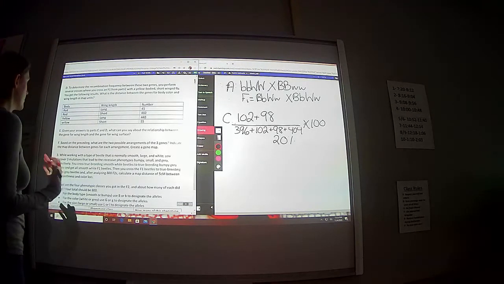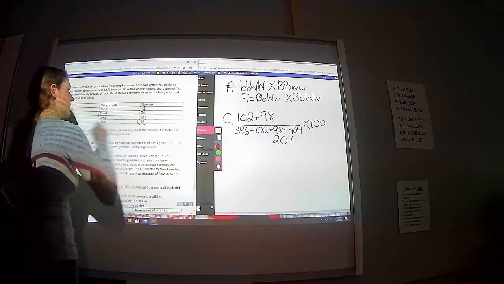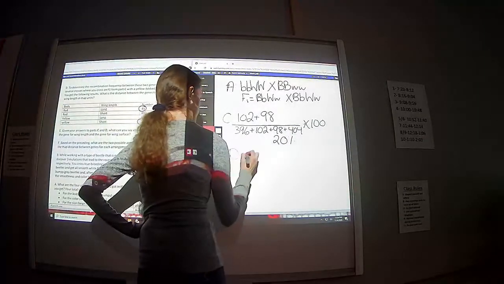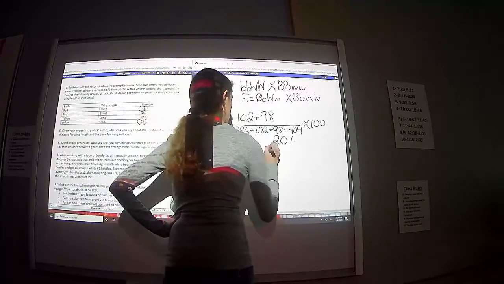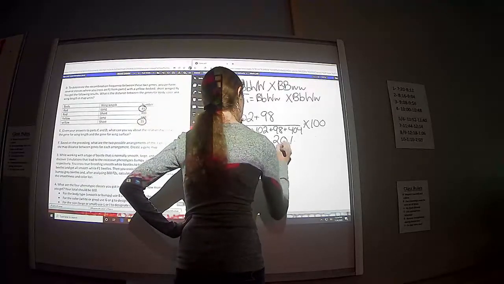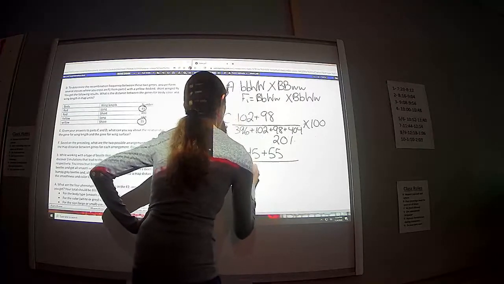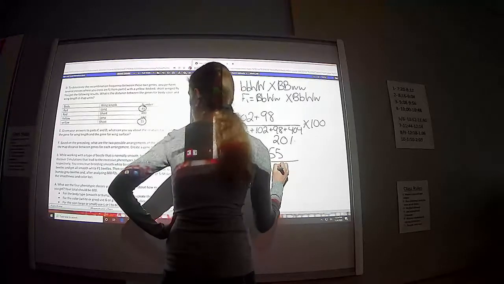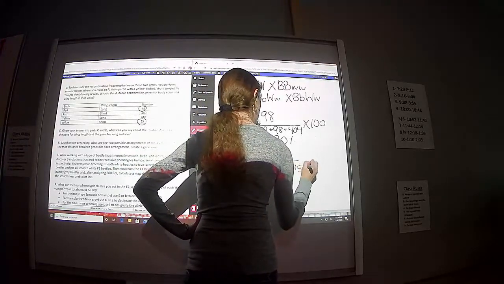So we're going to go with the two that are not our parents. Normally they're going to be the ones that have the smaller numbers here. So in this case, it's that. So we're going to take for part D, 45 plus 55 over 45 plus 460 plus 440 plus 55.